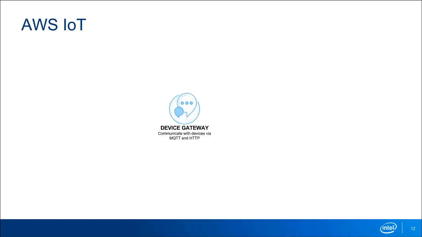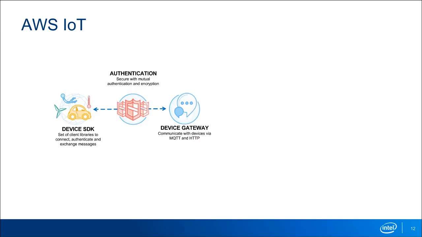AWS IoT is a collection of services that allows the developer to do a number of really useful things in IoT. First of all, if you look at a gateway, it is the device that you're going to gather data from. In our case, it's going to be the Intel NUC. This gateway will have some device SDK running on it, which will allow it to connect to AWS IoT services.